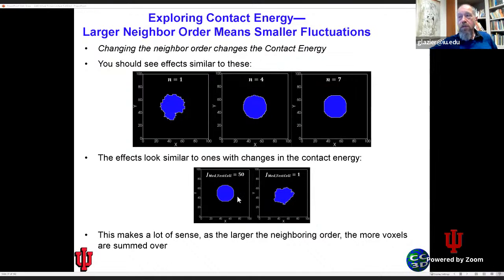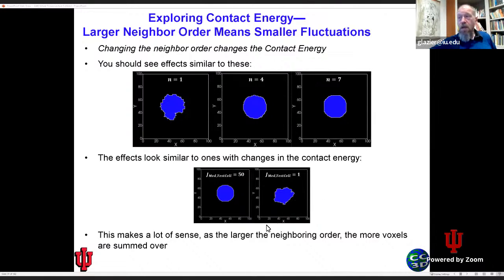This is a little bit similar to changing the contact energy per unit area. N equals 7 is about the same as a contact energy of 50, and N of 1 is comparable to a contact energy of 1. So going from N equals 1 to 7 effectively increases the contact energy by 50-fold. So it's not crazy to think that this scaling is n squared, but it's not quite n squared.